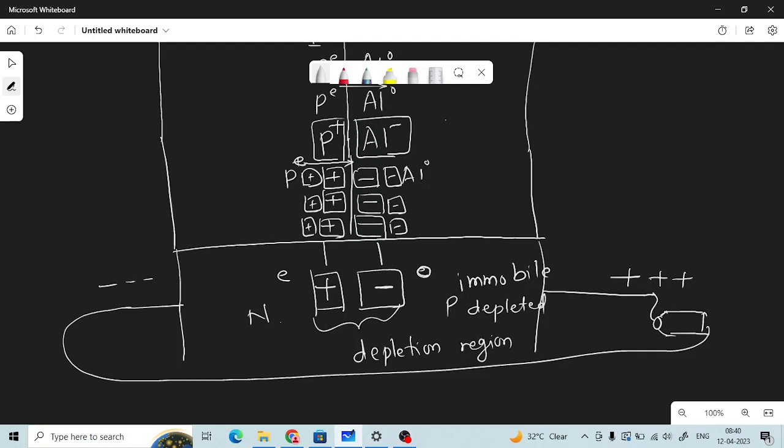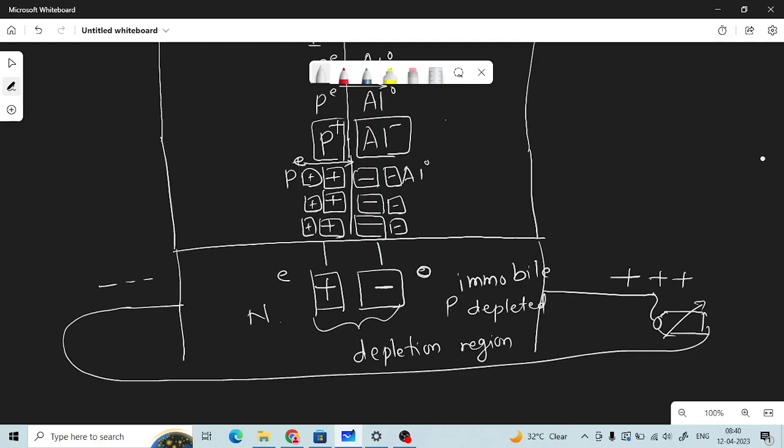So if the potential of the battery is less than this barrier potential, the electron will not reach the positive terminal of the battery, because the electron will not get enough force of attraction. But suppose this battery is variable, and as we increase the battery potential, what will happen?